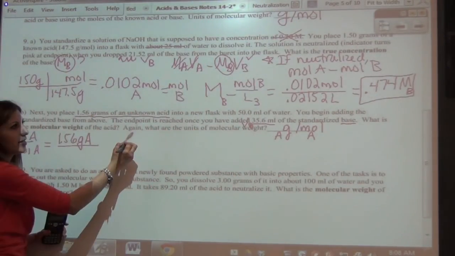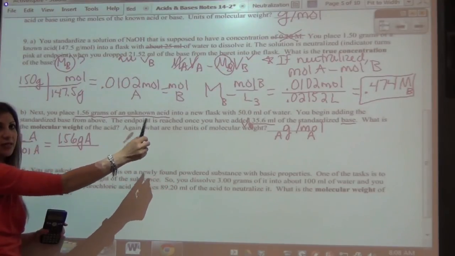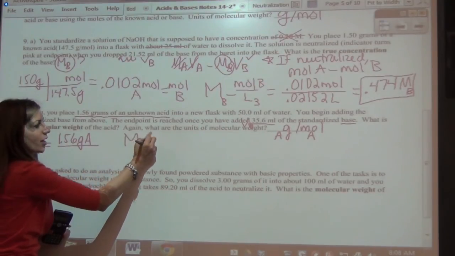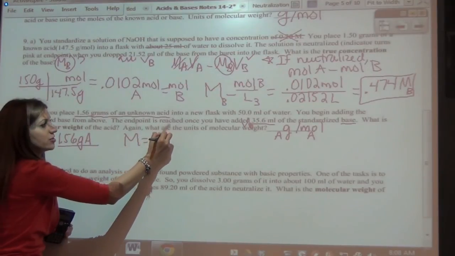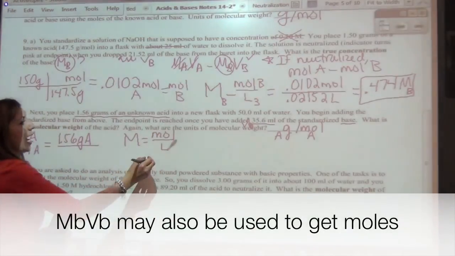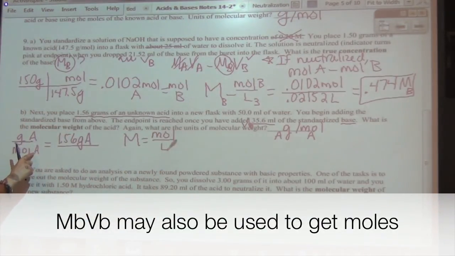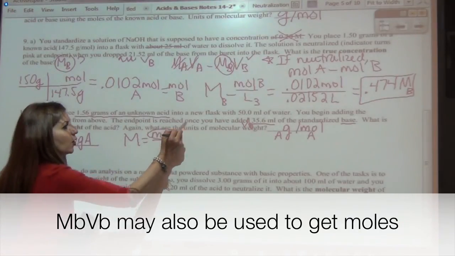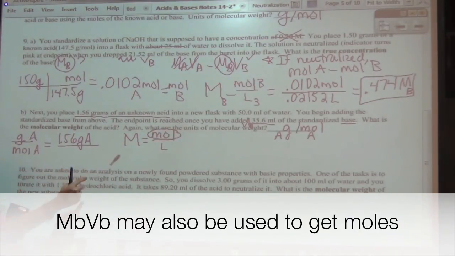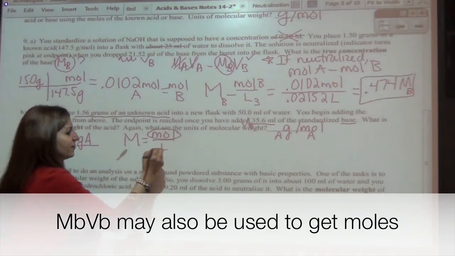So what can you do to get the moles? Big M is equal to what? Moles over liters. I'm looking for the moles. Do I know the molarity of my base? Yes. What is it? 0.474.